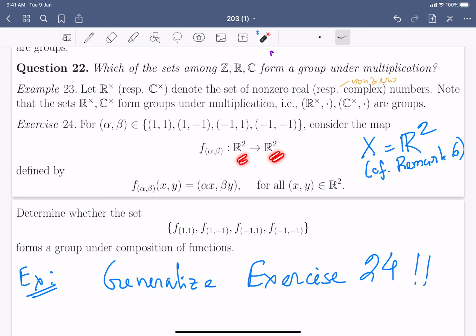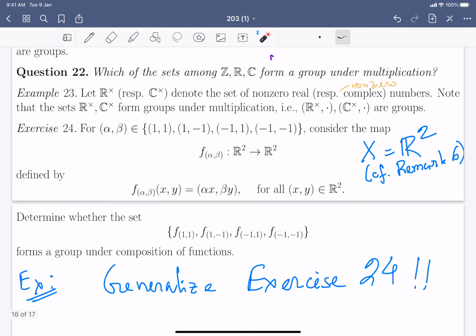You can check that this is a bijection, and the exercise is to determine whether the set consisting of all these bijections, where alpha beta vary over this set, forms a group. Altogether you have 4 such bijections: f11, f1 minus 1, and so on. Do these 4 bijections together form a group under composition of functions?